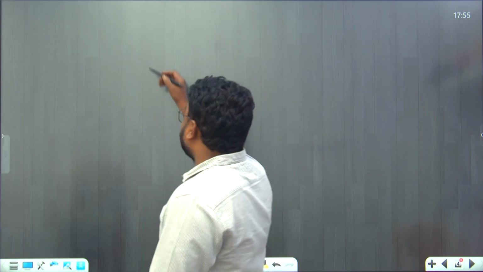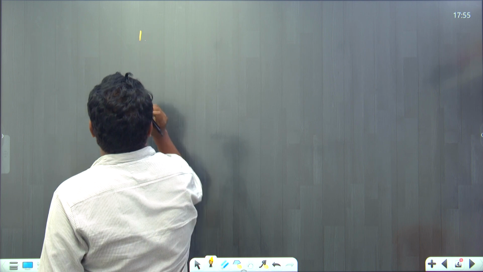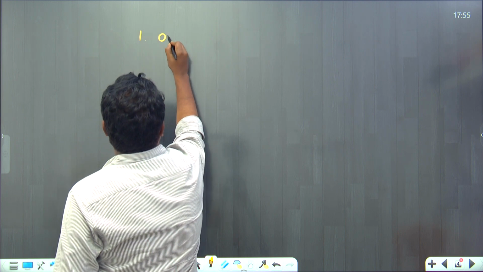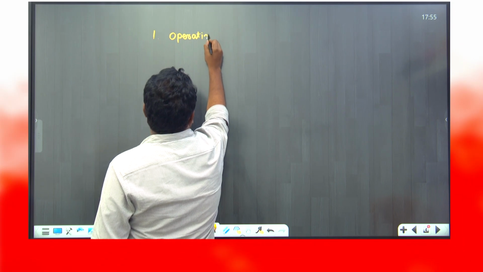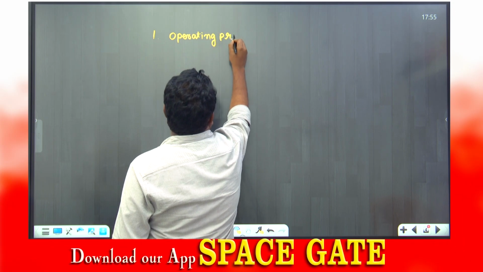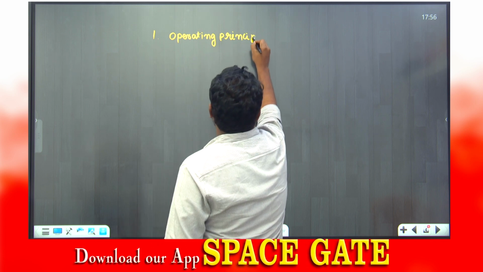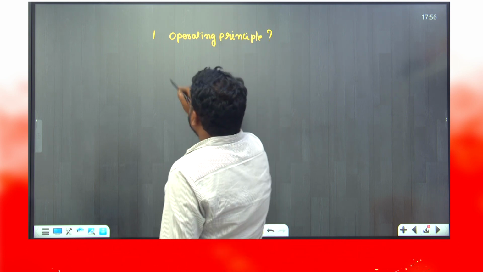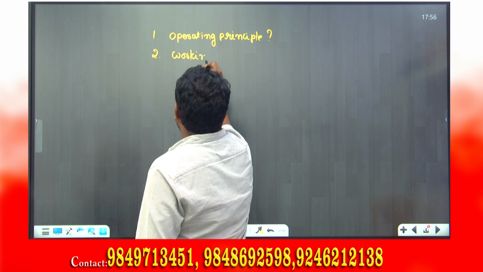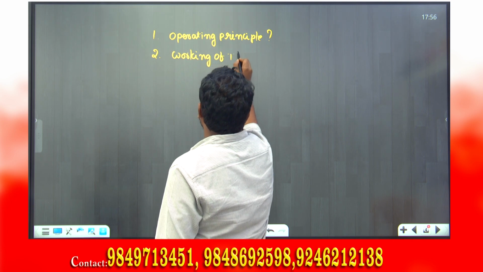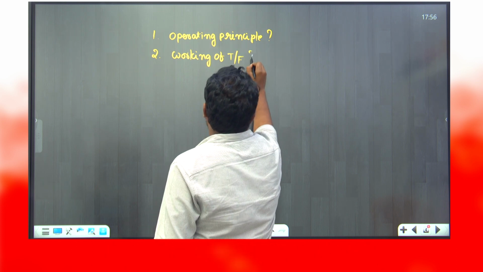The first topics in the basic concepts are the operating principle of the transformer and the working of the transformer.